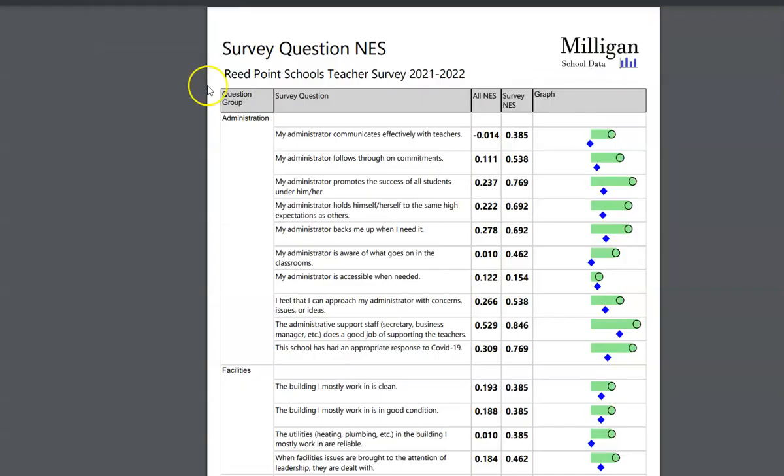And you can see that you can compare answers across multiple surveys. This is a report that also uses that net engagement score to say that if you looked at every single survey, that the net engagement score of every survey, all schools that took it, was negative 0.014, whereas this particular school had a net engagement score on this question of 0.385, and so you're able to compare to the survey average net engagement score.